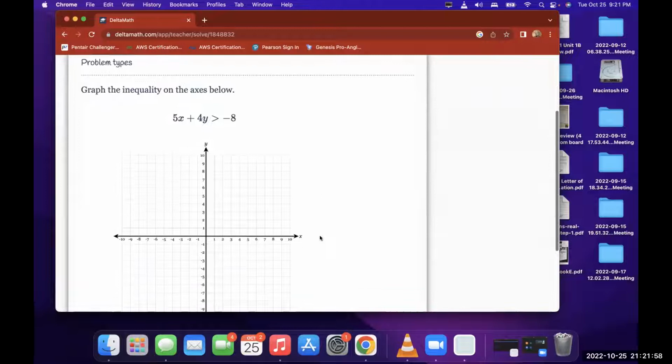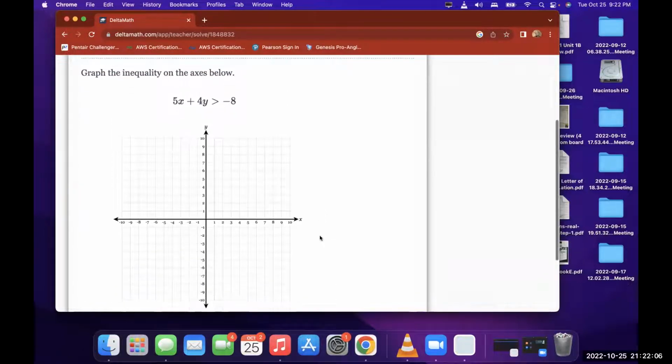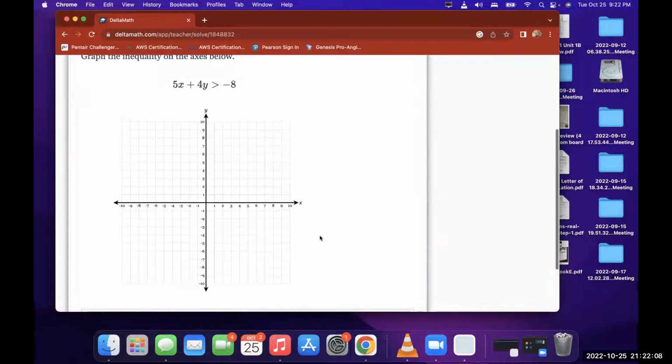This one's in standard form, so I have to change this into slope-intercept form. I'm going to write this problem down on my pad, and then I'm going to switch back and forth on a camera. Give me a second here.